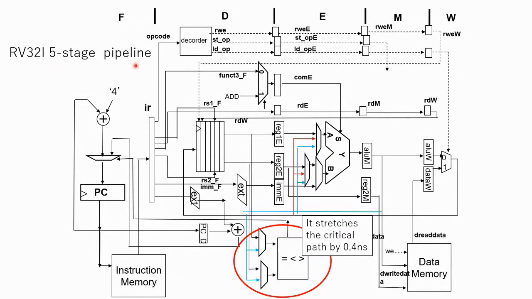The RV32I 5-stage pipeline takes a similar 5-stage pipeline, F, D, E, M, and W. And the data path is slightly simpler. But here we need a comparator in size. It stretches the critical path by 0.4 nanosecond in our synthesis result.